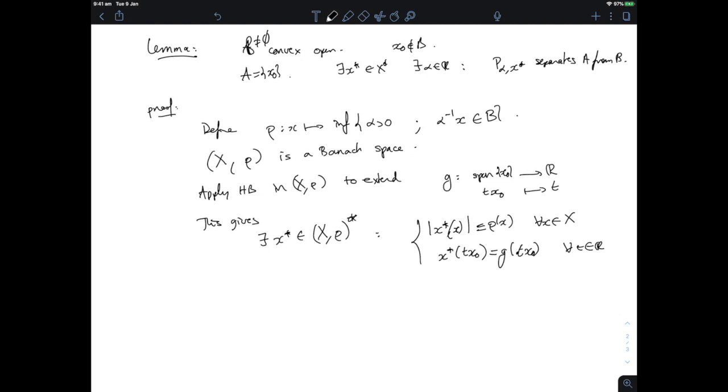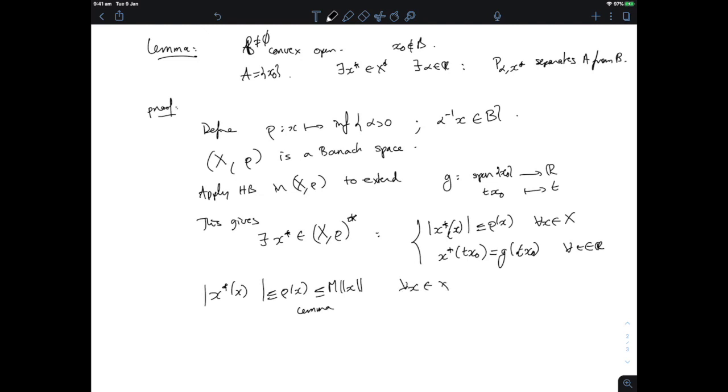Now, this x star is a linear functional from X down to R, and note that x star of x is smaller than rho of x, which is smaller than M times the norm of x by the lemma that we've proven just before, the lemma on the Minkowski functional.